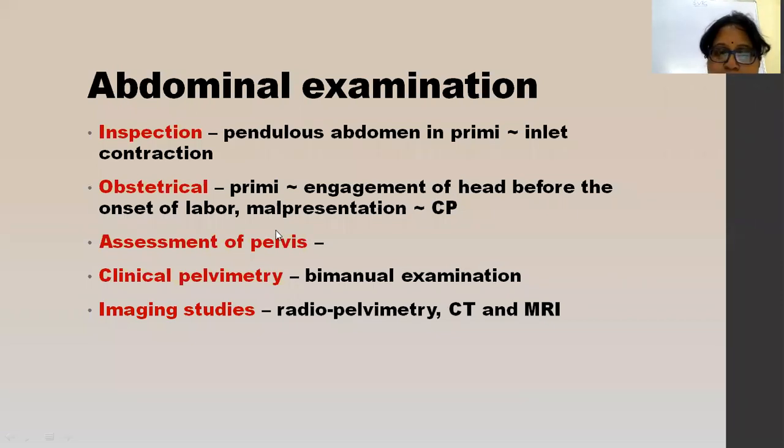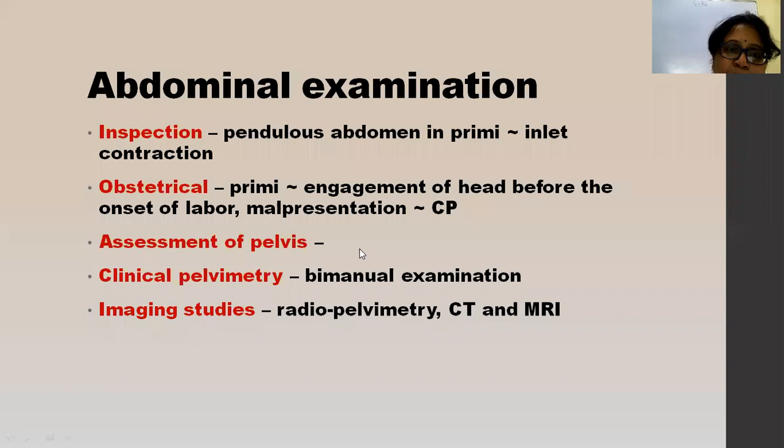But if there is any kind of malpresentation, you don't see this engagement of head. If the head is not engaged before the onset of labor or if the woman has any malpresentation, then you can suspect contracted pelvis.